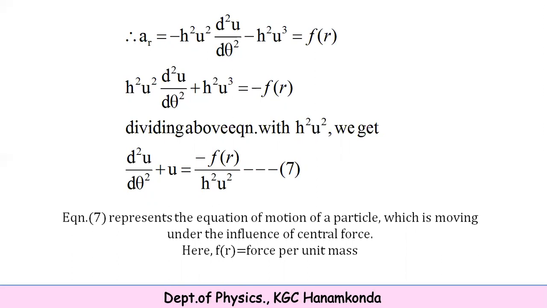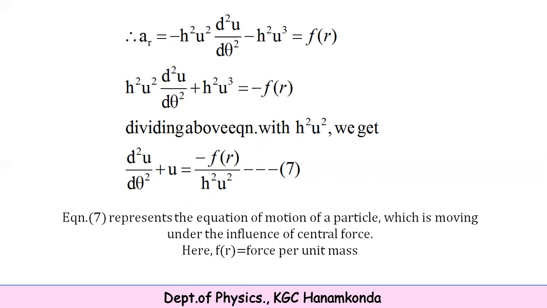The transverse acceleration component is zero, because the particle is moving under the influence of central force, the force is along the radius vector, so only radial acceleration is there.